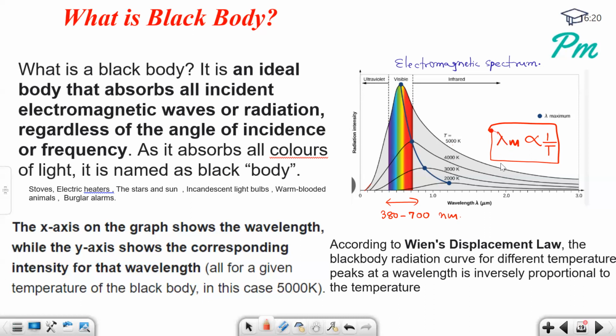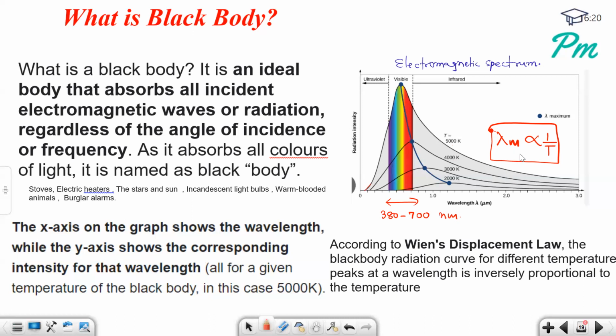And this is the law which helps to explain this spectrum of black body radiation, that is Wien's displacement law. In this graph, the x-axis shows the wavelength, while the y-axis shows the corresponding intensity for that wavelength.